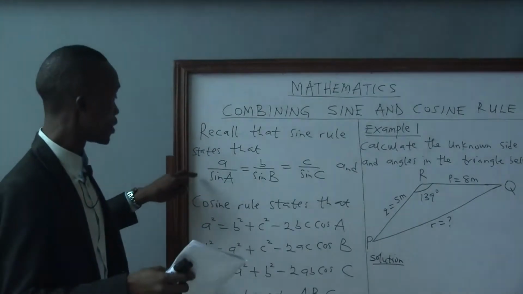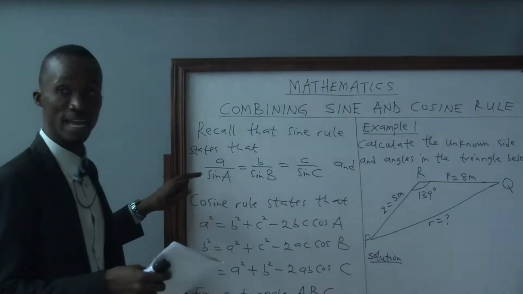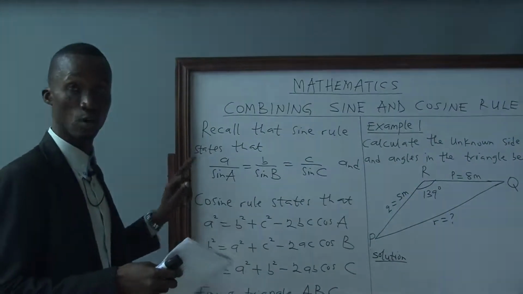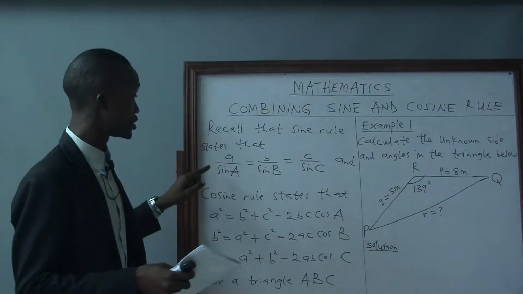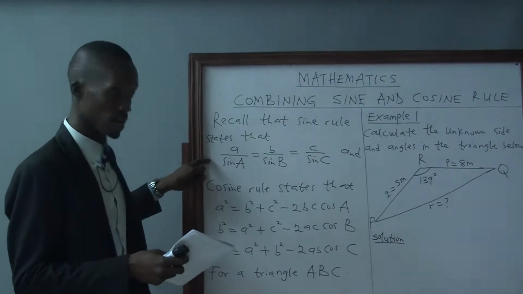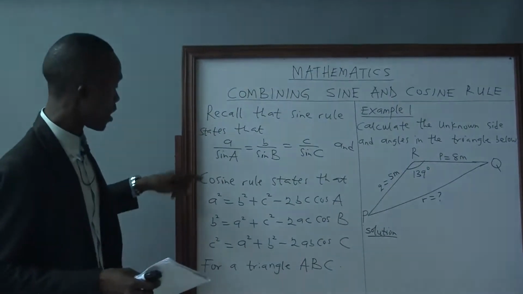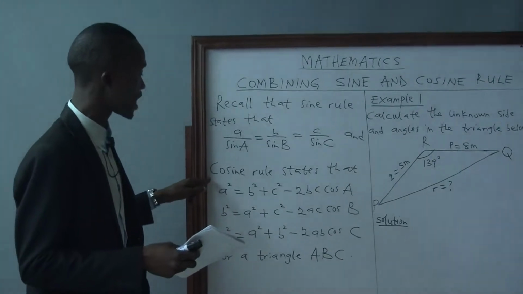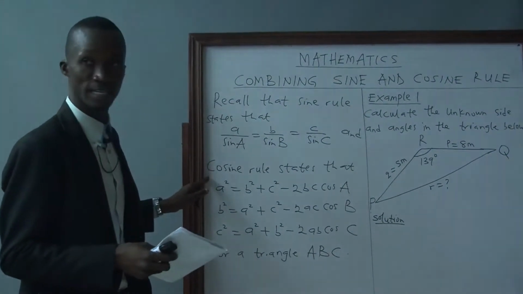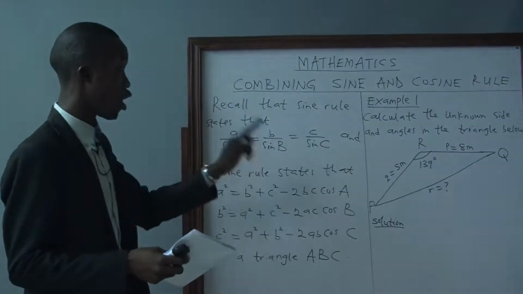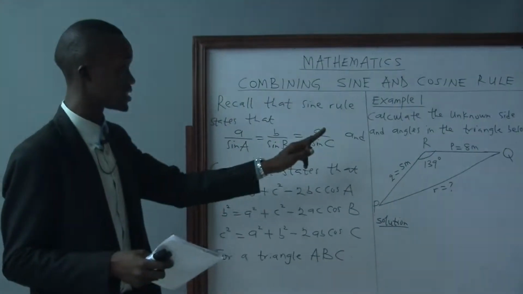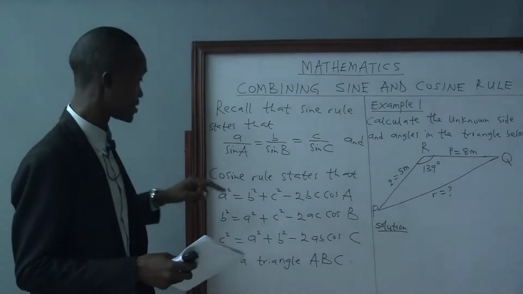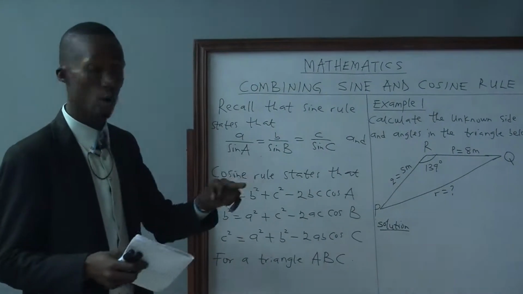Or we are given two sides and the angle facing one of them. Those are the two conditions to be considered before using sine rule. For cosine rule, we must have two sides and the angle between them, or we can have all three sides with no angle.